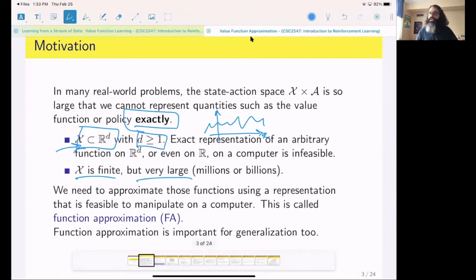Even though we may be able to store them on a computer, like millions we can store, billions we can, maybe that's not the best way to do it. Also, we want something that is computationally easier. So in these cases, we do some kind of function approximation. We approximate the functions using a representation that is feasible to manipulate on a computer.